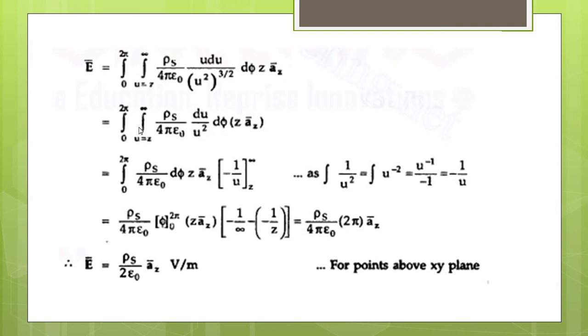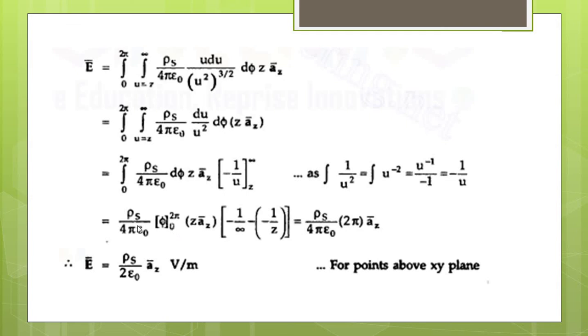It is a surface integral. We need to integrate du term and d phi term. Integrate twice. So rho s by 4 pi epsilon naught is a constant. Put it outside the integral and write integral of d phi between the limits 0 to 2 pi. Another integral is for du by u square. Limits are z to infinity. So integrate this.